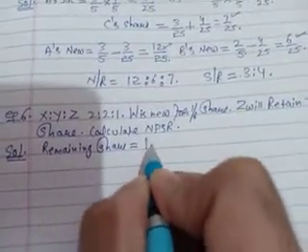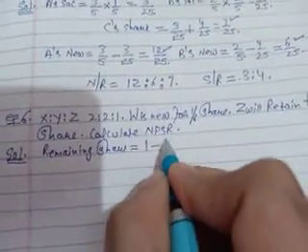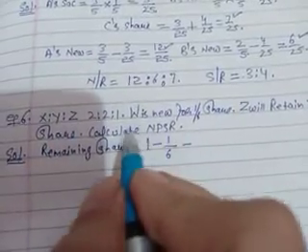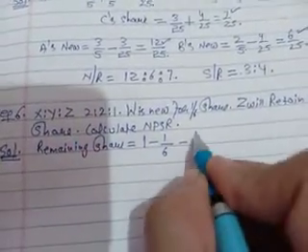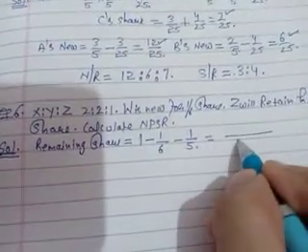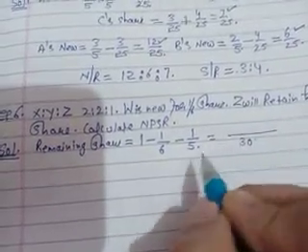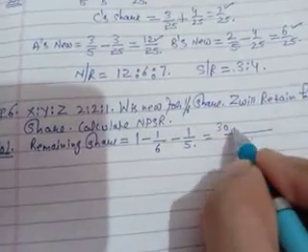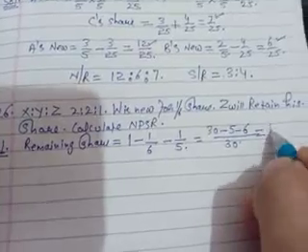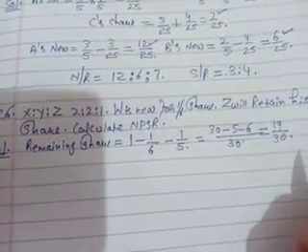Total share is 1. W is admitted for 1/6 share, and Z will also retain his own share. So Z's share was 1/5, which will be retained by him. Now taking the LCM, 30, it will be 30 minus 6 minus 5, 19/30 is the remaining share.